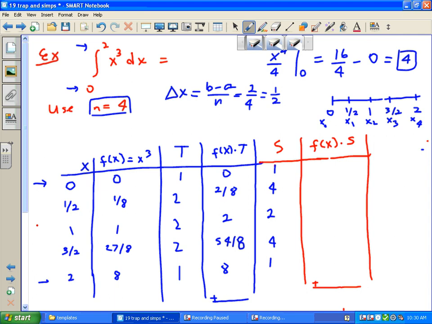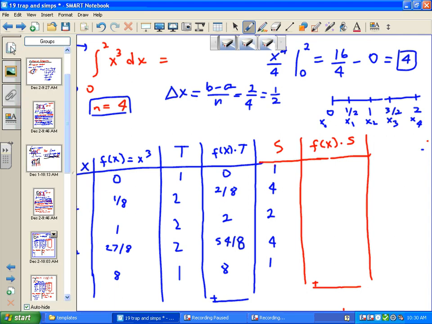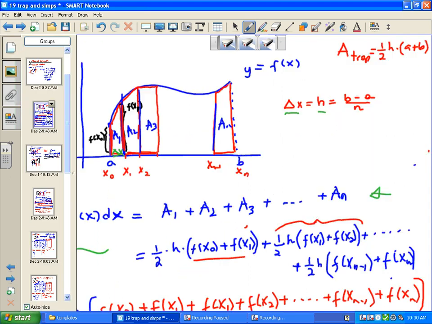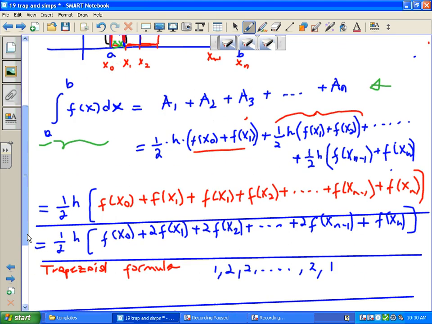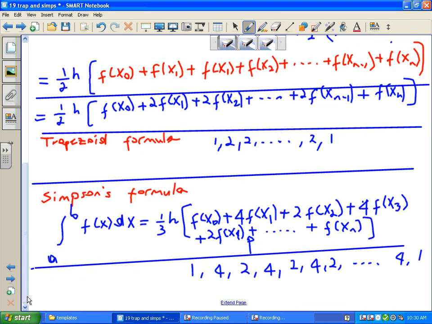Once again, let me show you that from earlier when we determined the Simpsons formula. You remember the coefficients there? 1, 4, 2, 4, 2, and you start with a 1, 4, and you end with a 4, 1. And if you look inside the formula, you will notice that we're multiplying the heights with these coefficients. And up front, there's a 1/3 times h for the Simpsons formula. Up front, there's 1/2 times h for the trapezoid formula.